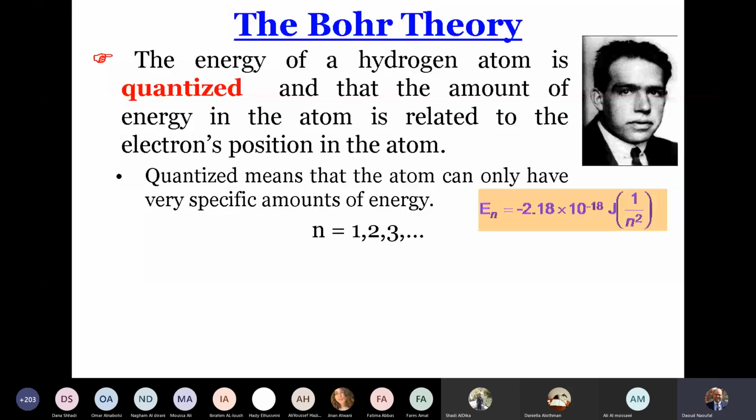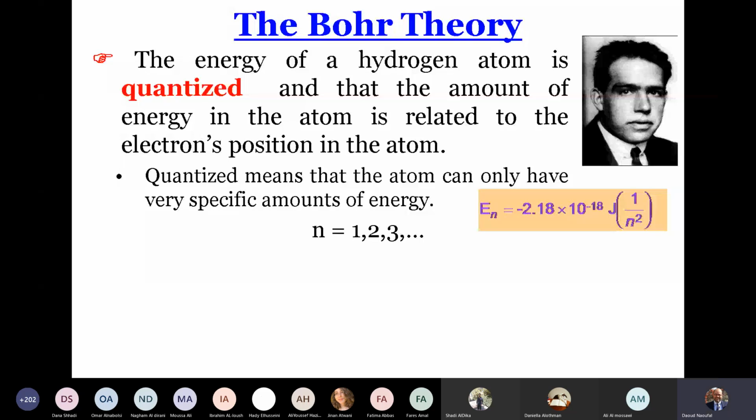If the electron is found on level 3, E3 equals minus 2.18 times 10 to the minus 18 divided by 3 squared. So the values of the energy levels are quantized, cannot take any value, can take only specific values.